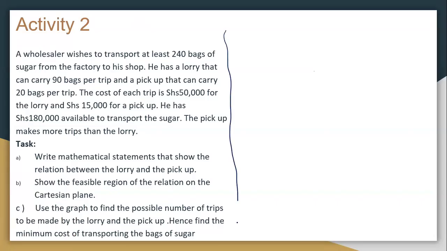Now, we said always first let, and the first thing they mention, let it be your X, and then the next one is your Y. So I'll say let X represent the number of trips, write the whole word, the number of trips to be made by the lorry, and let Y represent the number of trips to be made by the pickup.